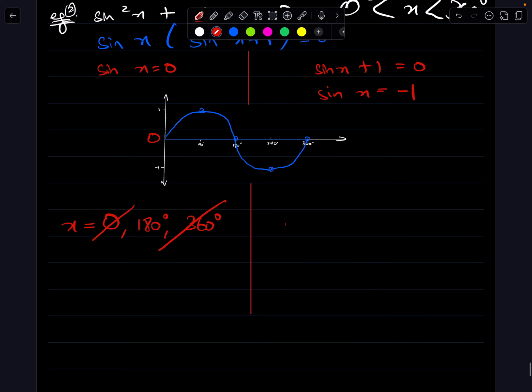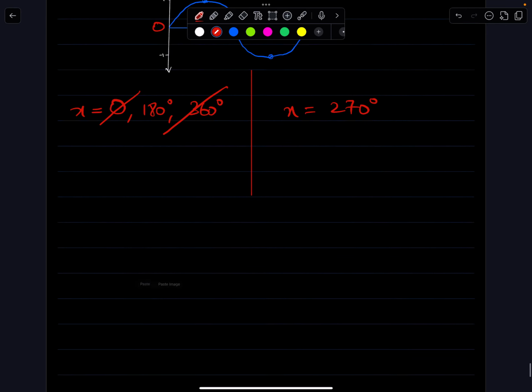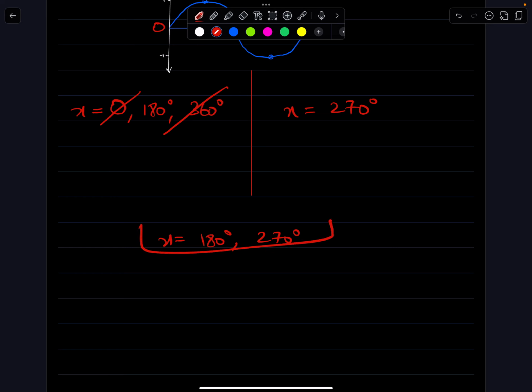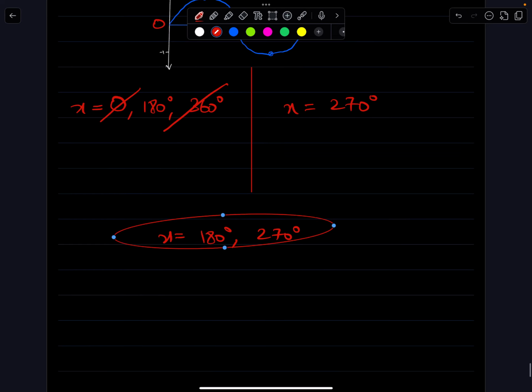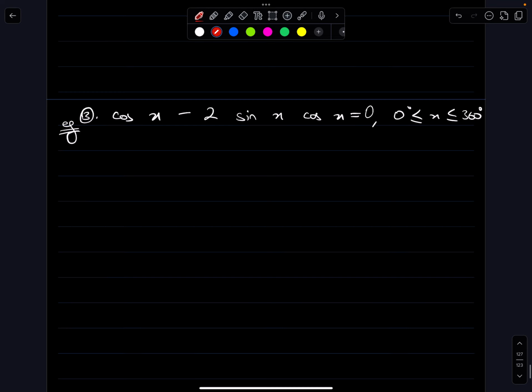Then, for sin x is equal to minus 1, sin x is minus 1 at 270 degrees. And our final answer for x is 180 degrees and 270 degrees. Alright, this will work too. Then we have our last assignment.